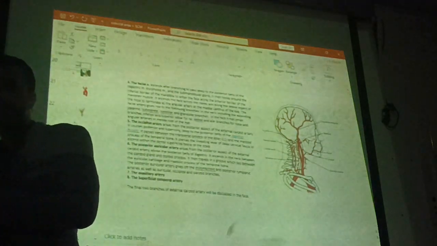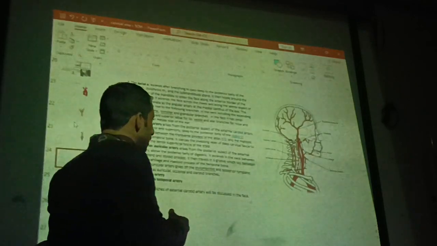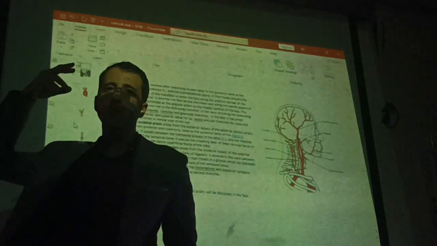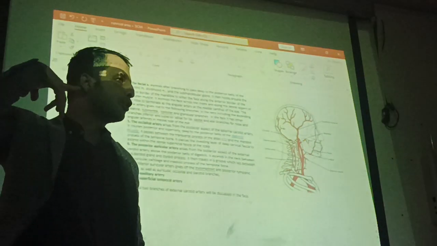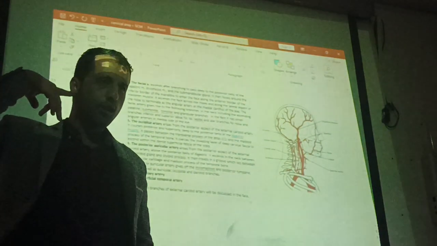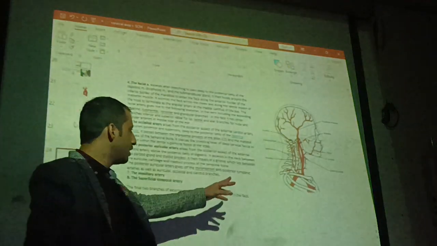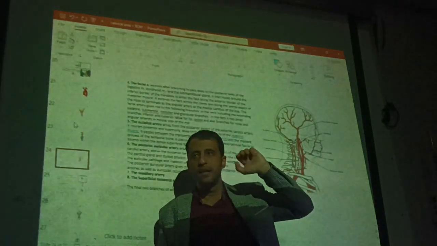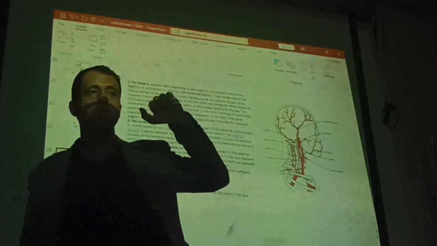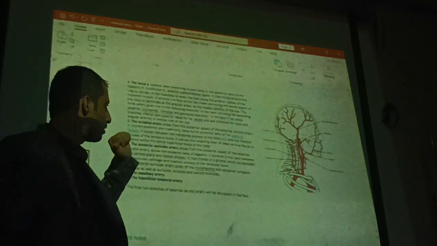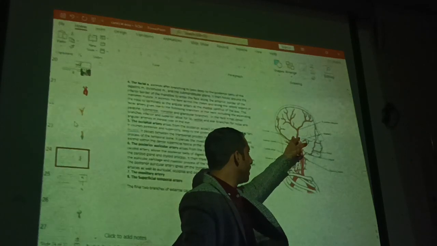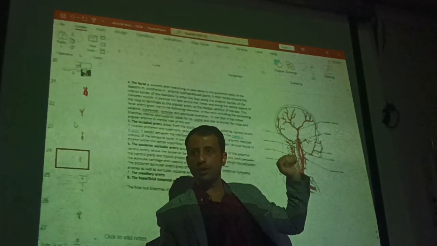Another branch is the occipital artery. What do you think about the occipital artery? On the mastoid process, we have the occipital groove, yes? So the occipital artery separates from the posterior surface of the external carotid artery and travels superiorly to arrive at the medial surface of the mastoid process.